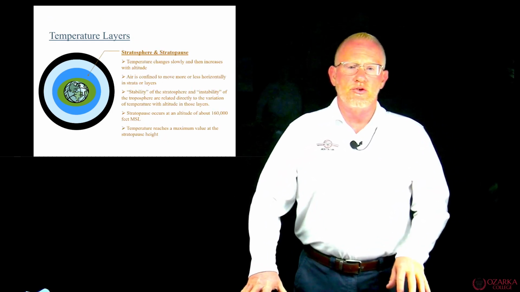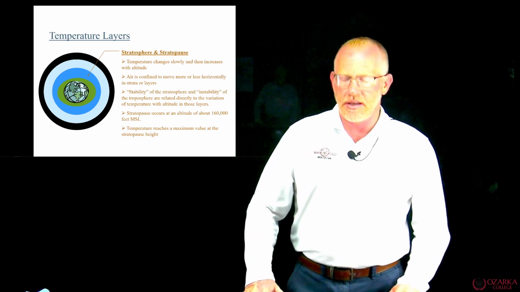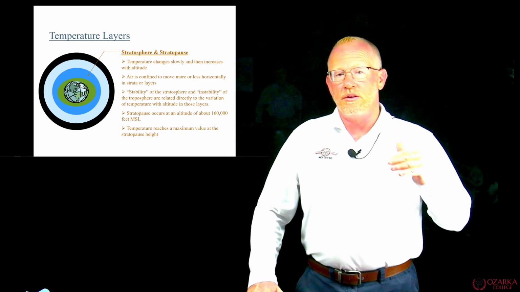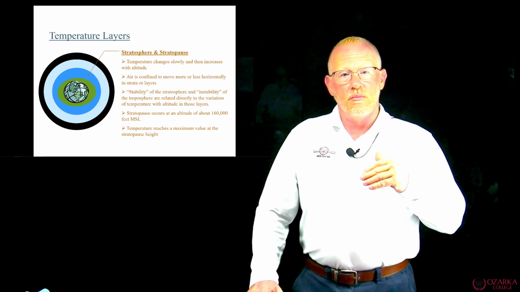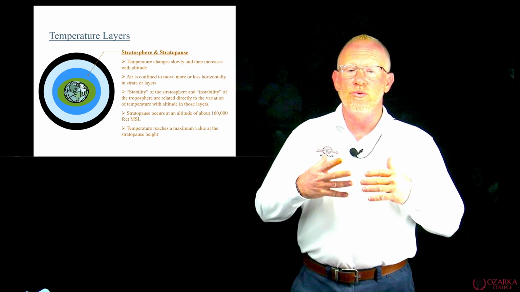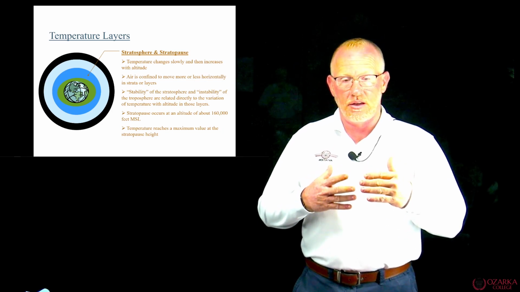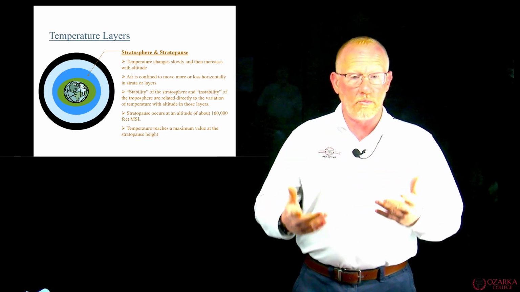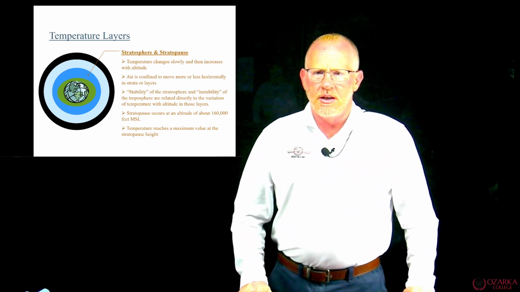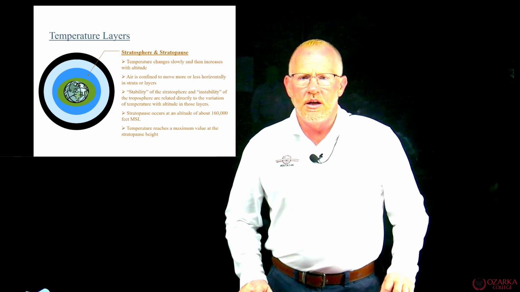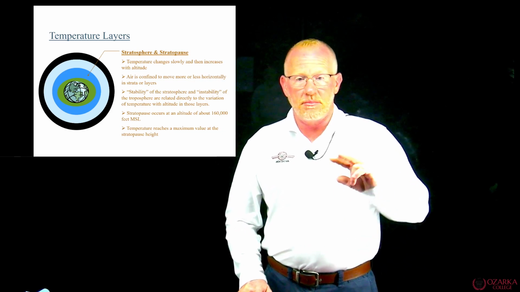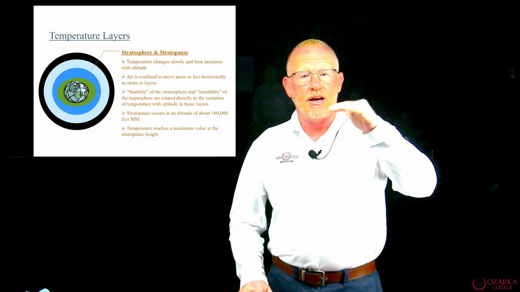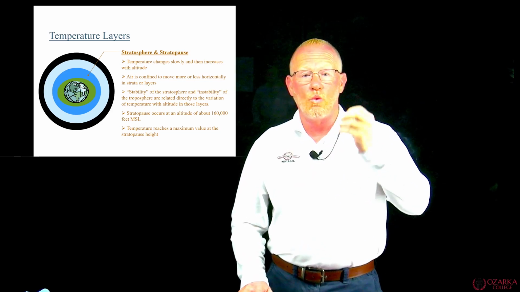So now let's talk about the stratosphere and the stratopause. Now, in the troposphere, the higher you go, the colder it gets. But when we break into the stratosphere, it reverses. The higher you get, the warmer it gets. So that's the main difference between the troposphere and the stratosphere, is that the higher you go in altitude in the stratosphere, the warmer it gets.